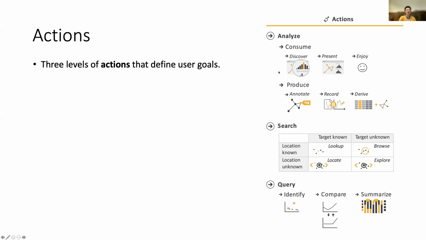Okay, and back to the actual framework itself. First it has 3 levels in the sense. So analyze is the top level one, and within analyze, you have different types of search, and then within each search, you have different types of query.